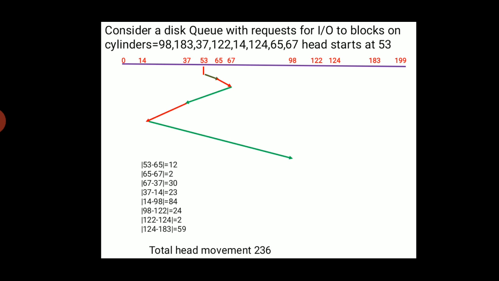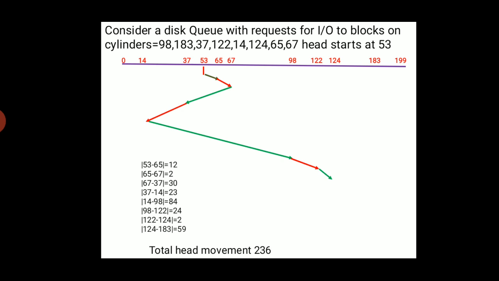From 98, the remaining minimum seek time request is track 122. So the read-write head will move from 98 to 122. From location 122, the next minimum seek time request is track 124. So the read-write head will move from 122 to 124.